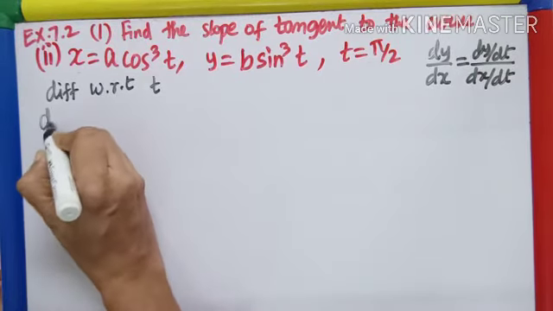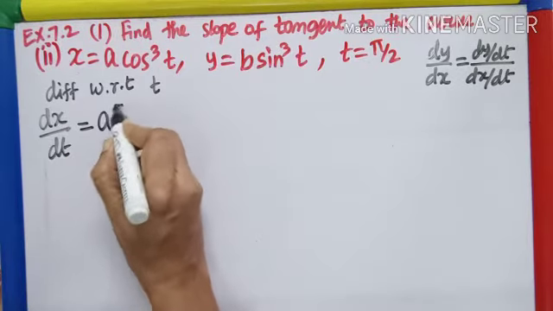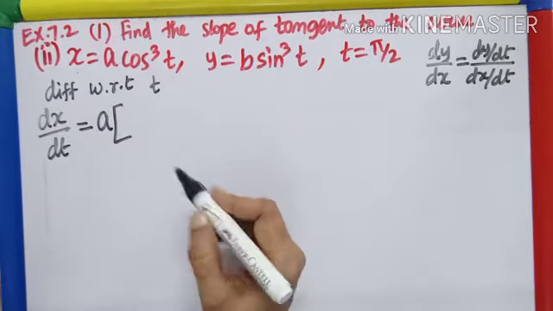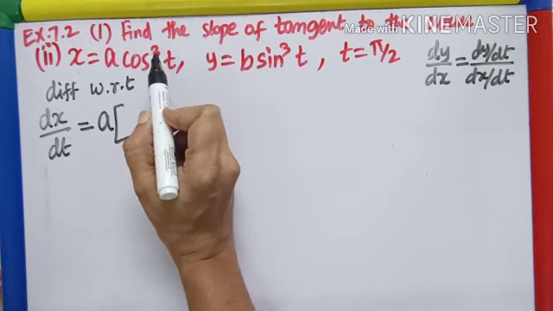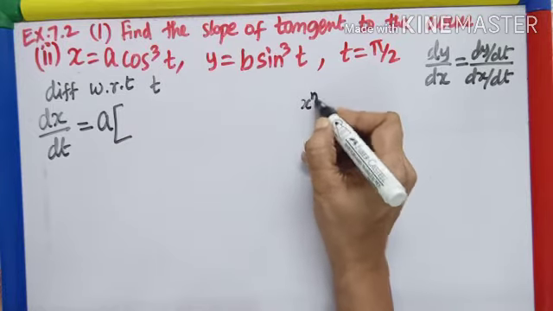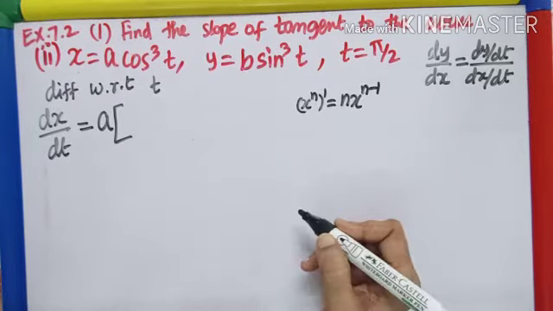So x will become dx by dt equals a cos cube t. We have to remember chain rule. When the power is 3, we have x power n derivative is n x power n minus 1.